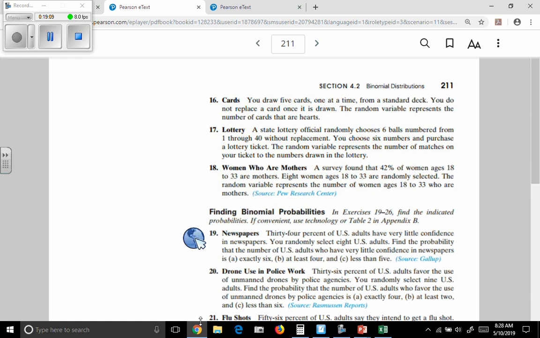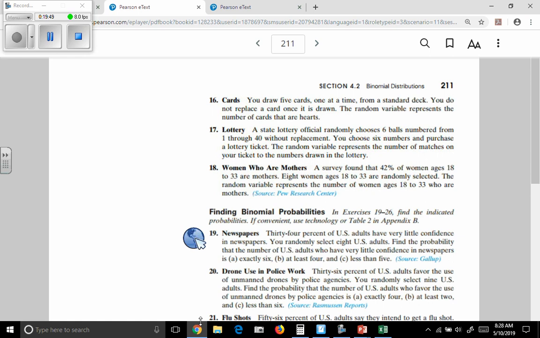Now 18, a survey found that 42% of women ages 18 to 33 are mothers. 8 women ages 18 to 33 are randomly selected. The random variable represents the number of women 18 to 33 who are mothers. So we're looking at the population, we're choosing a woman, we're going to determine is she a mother or not. So we're repeating, we're doing the same thing over and over.